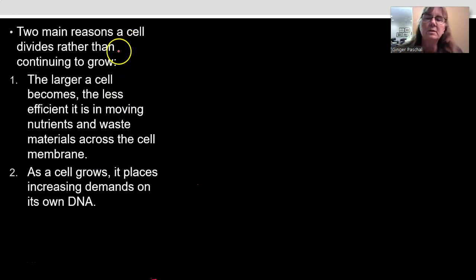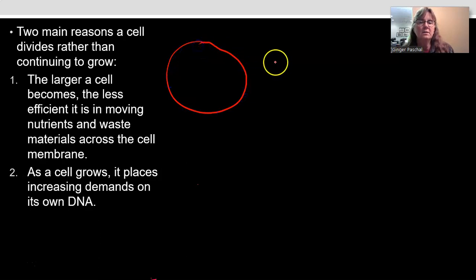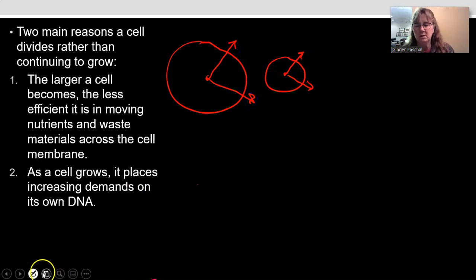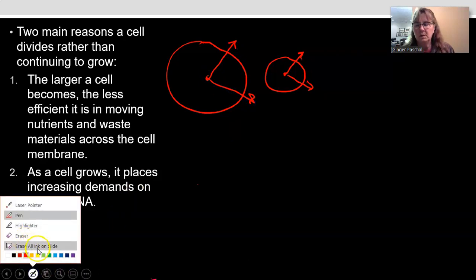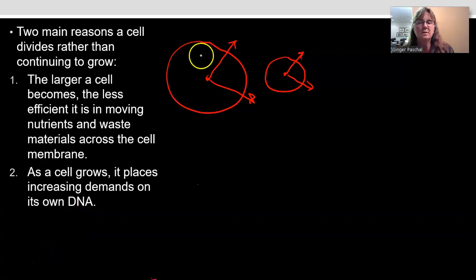There are two main reasons why a cell divides rather than continuing to grow. If you have waste in the very center of a large cell, there is a much longer distance to get out than from the center of a smaller cell. Likewise, getting nutrients to the center of a larger cell is a much longer distance.